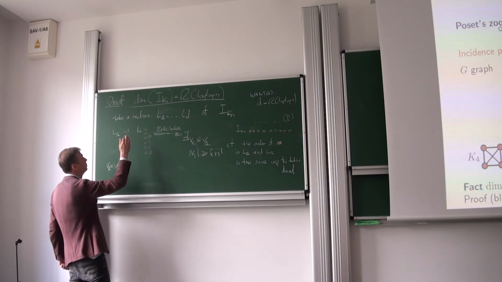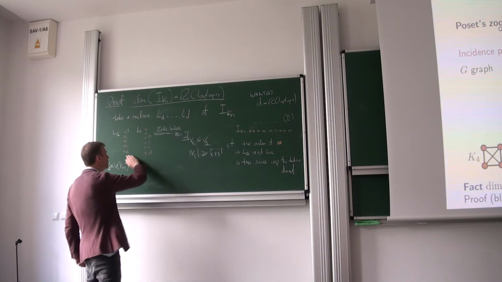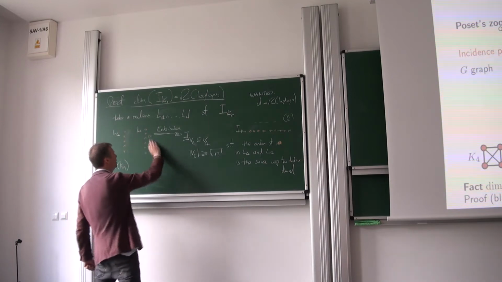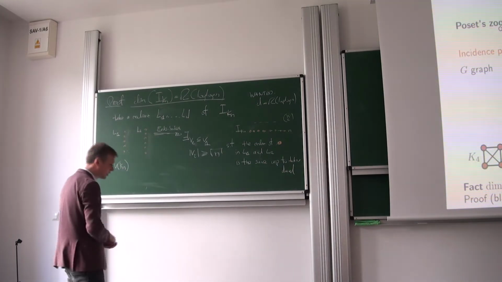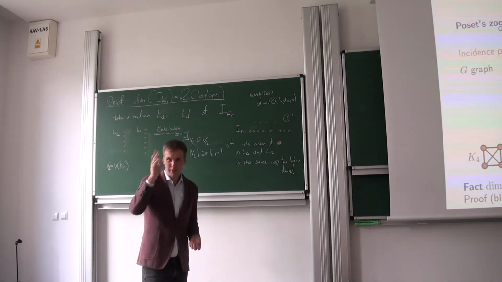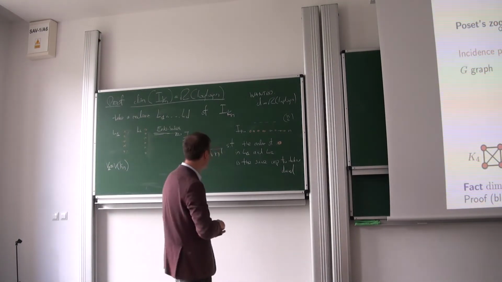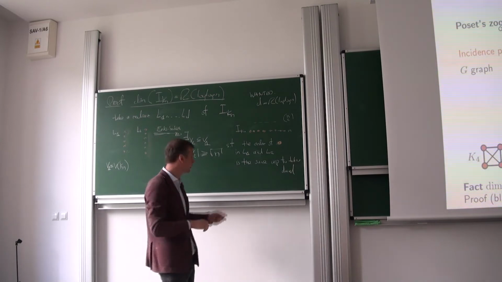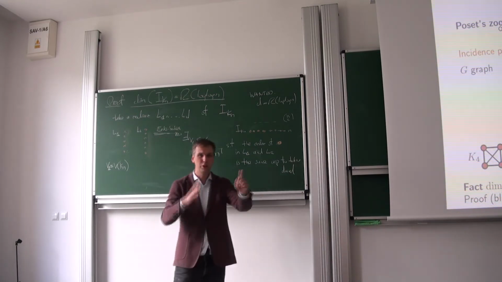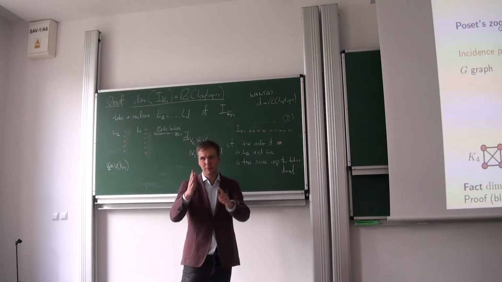So now we iterate. We have d linear extensions. We take the subset V2 and confront it with L3, and we get V3, and we iterate.